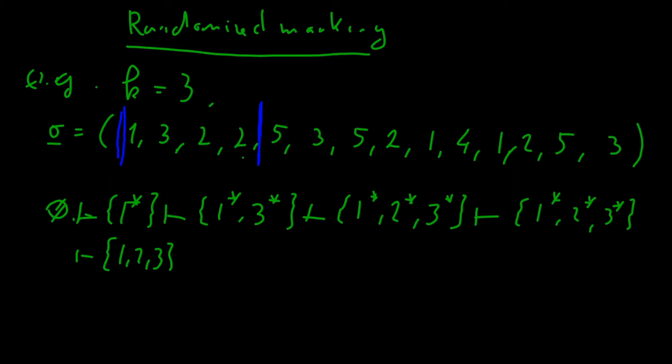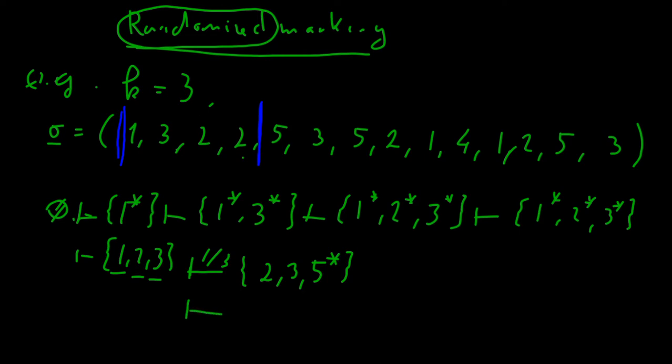So for example, here a randomized marking algorithm can discard either this or that page from the cache, and randomized means that we will discard the one which we choose uniformly at random. So this means that with 1/3 probability, I'm discarding the 1, and I will have the 2 and the 3 and the 5 marked.